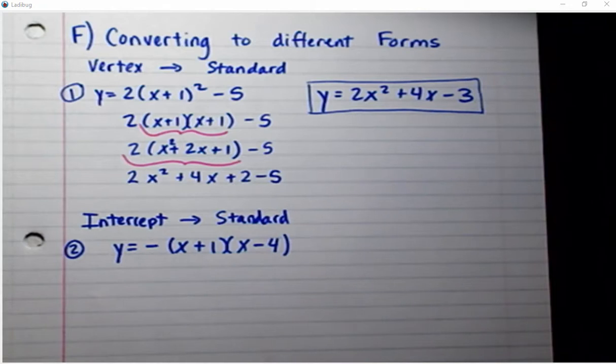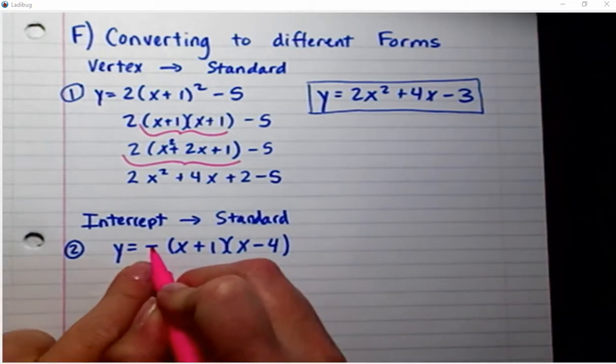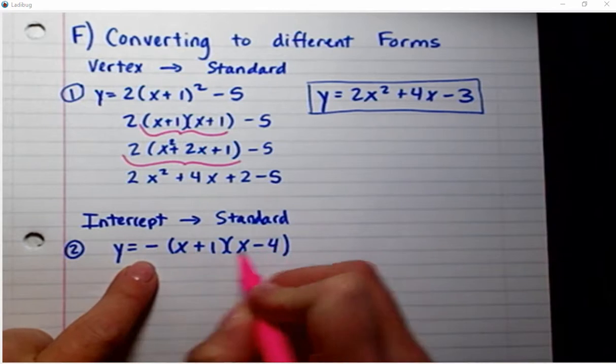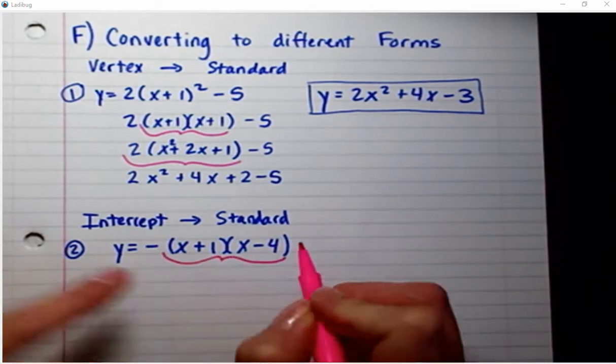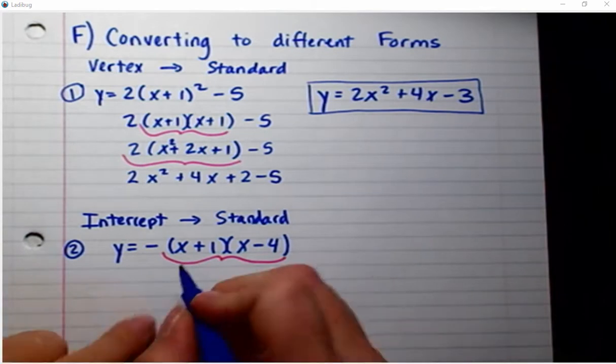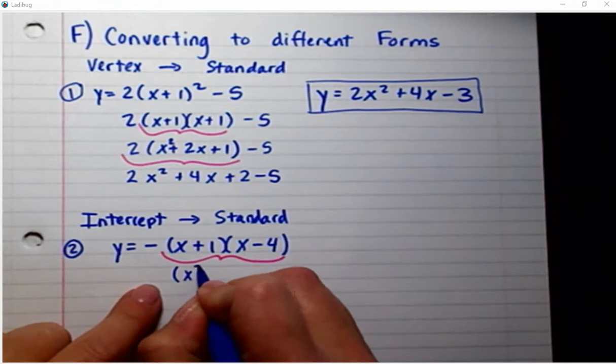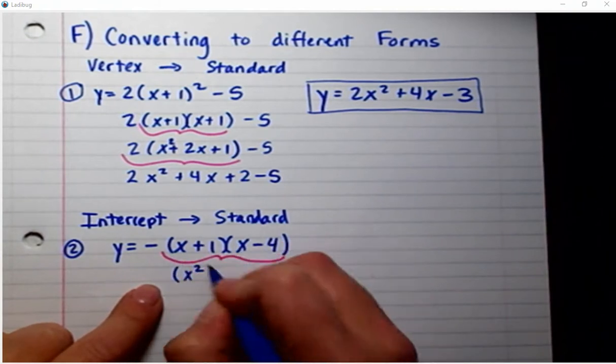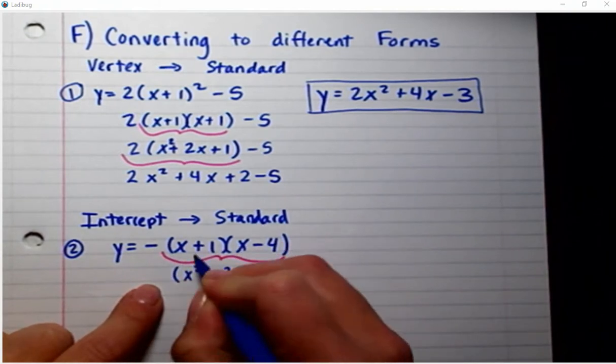So standard form is the ax squared plus bx plus c, which means it wants you to expand. Well, I have a negative, the first factor, and the second factor. You can only multiply two things at a time. So pick two and multiply. First, outer, inner, last.